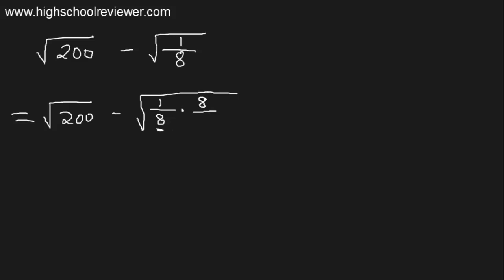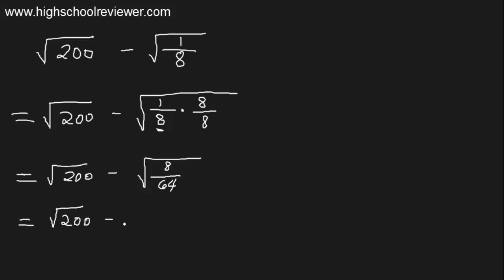So we are going to multiply this by 8/8. So we have the square root of 200 minus the square root of 1 times 8, that is 8, all over 8 times 8, that is 64. So we will have here the square root of 200 minus, we can rewrite it as square root of 8 all over the square root of 64.